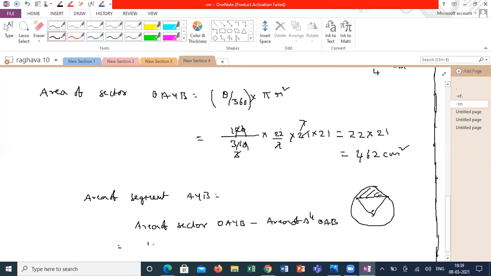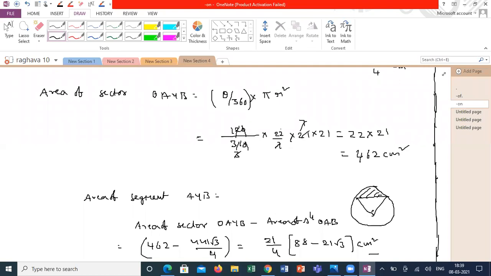So this will be 462 minus 441 root 3 by 4. What is the simplest answer you have to write? You can take 21 common: 21 by 4 into 88 minus 21 root 3 centimeter square. This is the final answer. If you don't have time, no need to simplify. Straight away you can keep it in irrational number. Clear? Yes, sir.